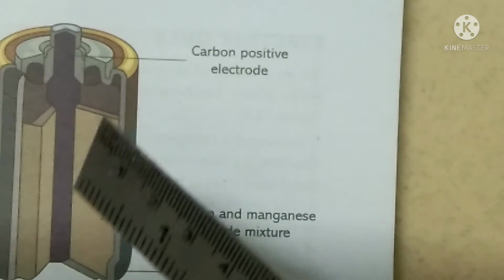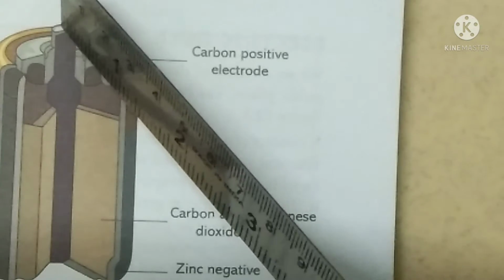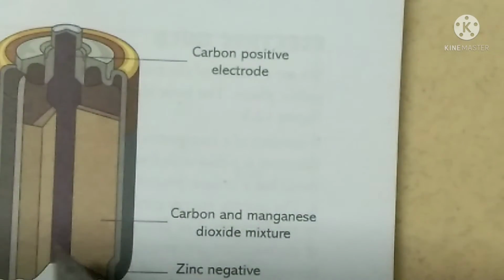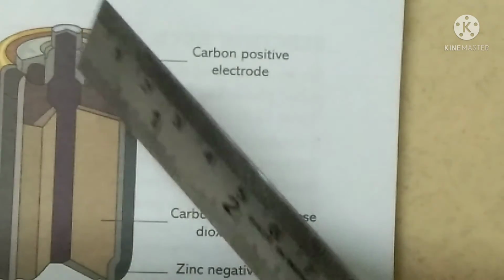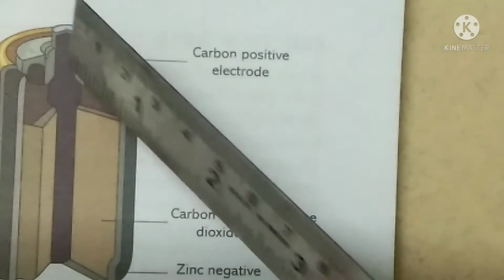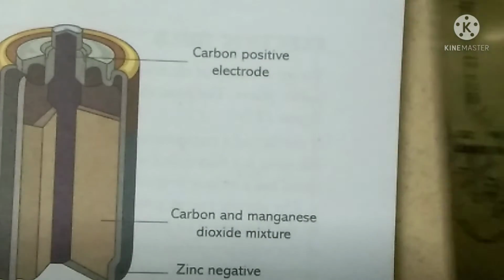On top is the positive terminal and at the bottom is the negative terminal. When the positive and negative terminals are connected with a conducting wire, electricity will be produced.